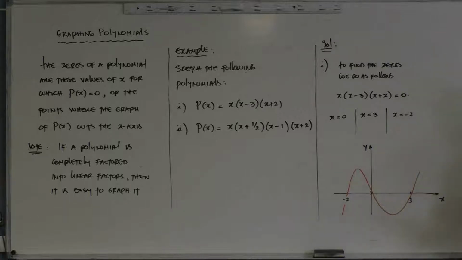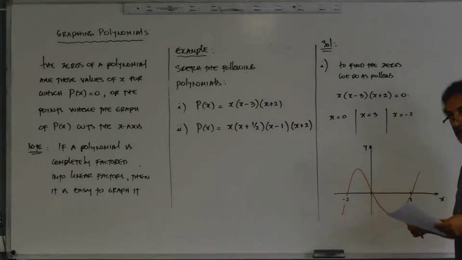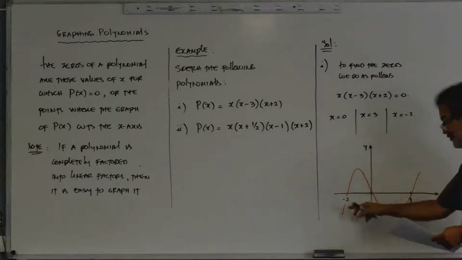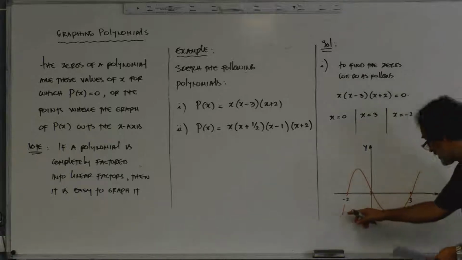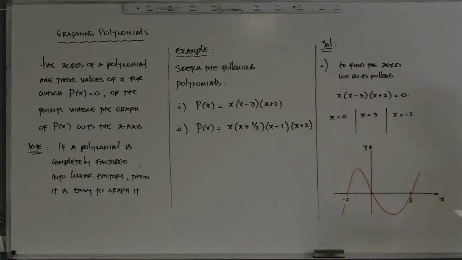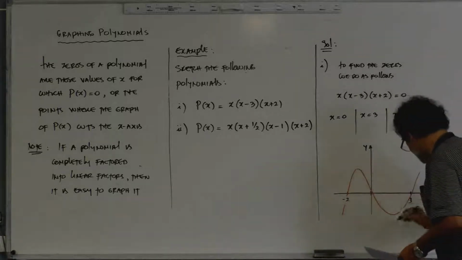Does it matter how bad the curve looks? Well, make sure that it looks curvy. It's not a straight line, so it must look curvy, especially in tests, because if you show the answer as a straight line like this, then it doesn't make sense.